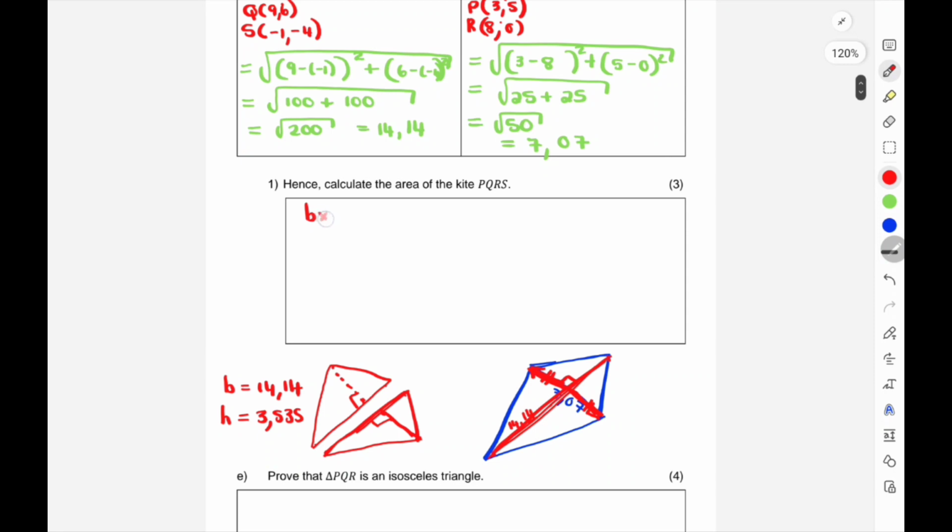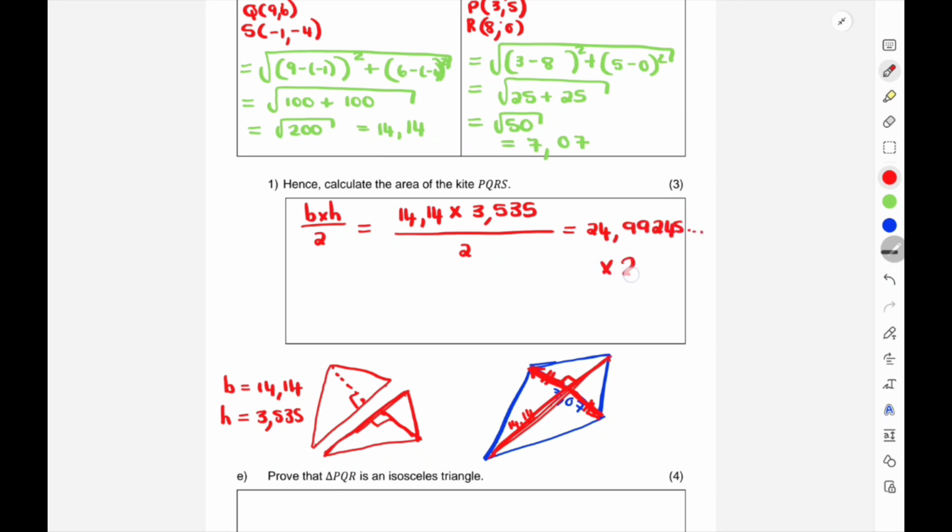So base times height divided by 2. The base is 14.14 times the height, and then I'm going to divide it by 2, so I'm going to go the long route. So that times 14.14 divided by 2 gives you 24.99245.